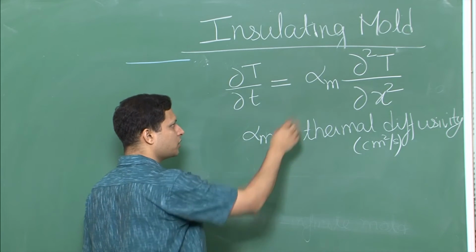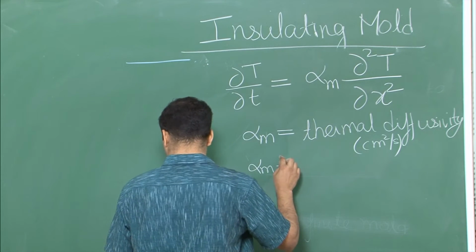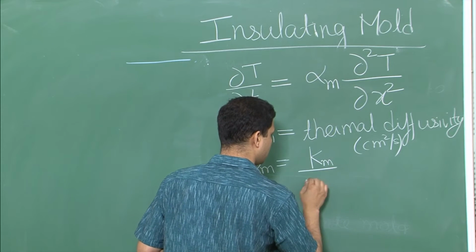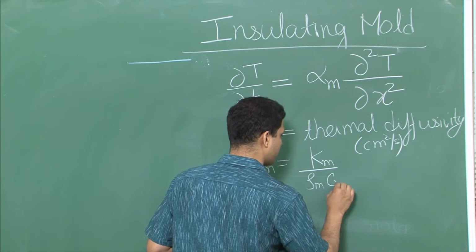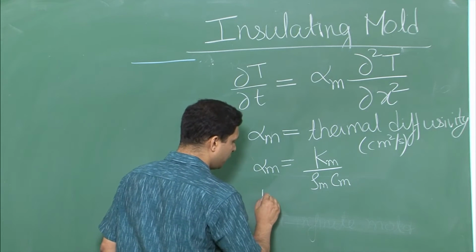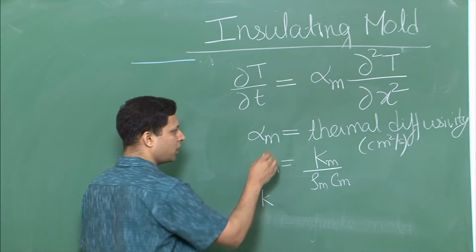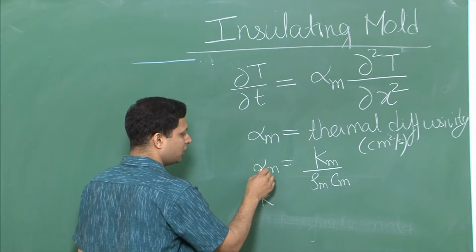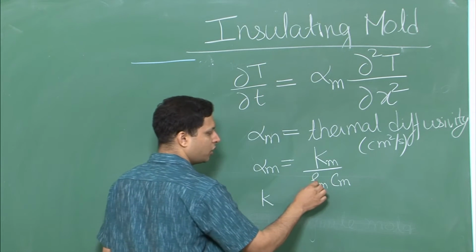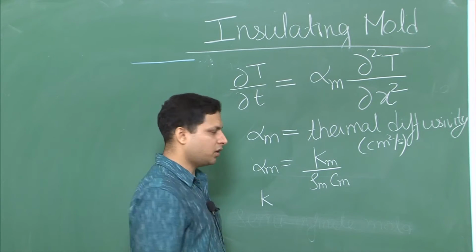Since this is composed of other terms, Km, again you remember, is the thermal conductivity, and the subscript m denotes the mold. So we are talking about thermal diffusivity of mold, and when we say Km, it is the thermal conductivity of mold, rho m means density of mold, and Cm means heat capacity of mold.